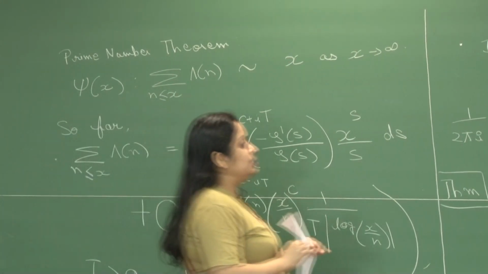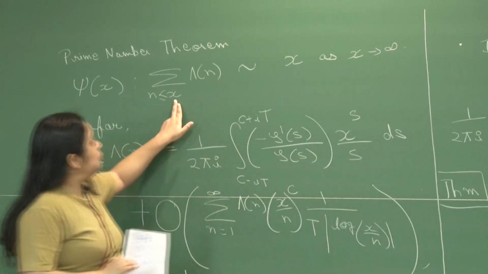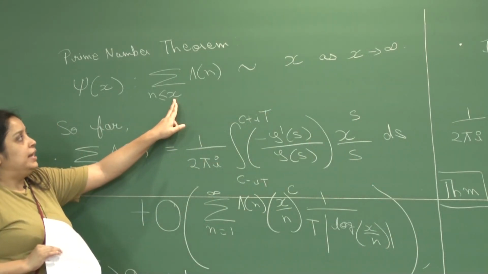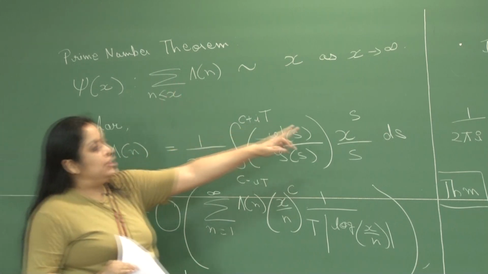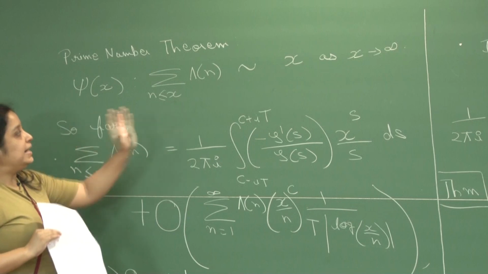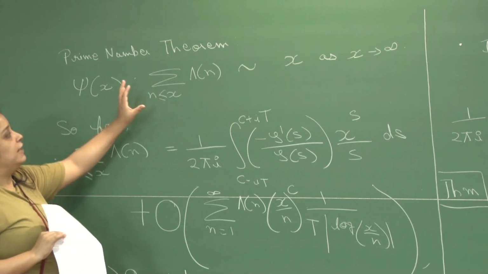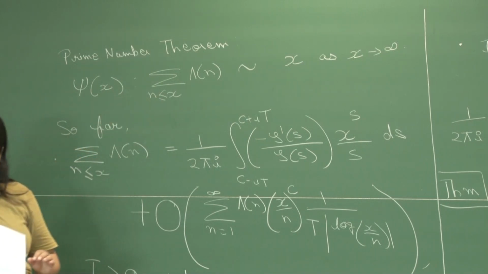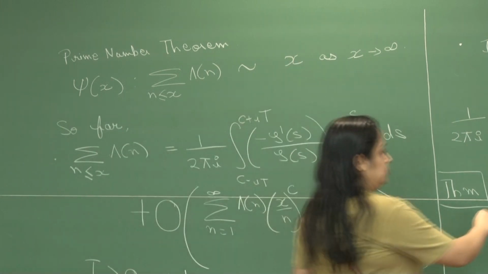So what we do is, we will choose our x's carefully in such a way that the evaluation of the integral and the error term becomes feasible, but at the same time it does not affect the quality of the theorem that we are trying to prove. So let us do the following.